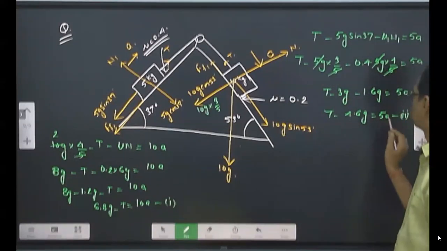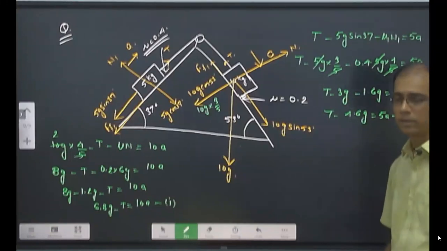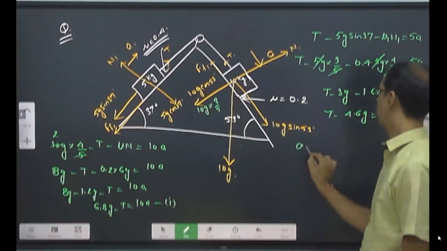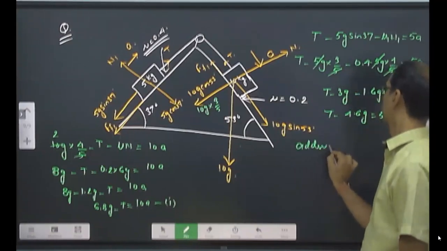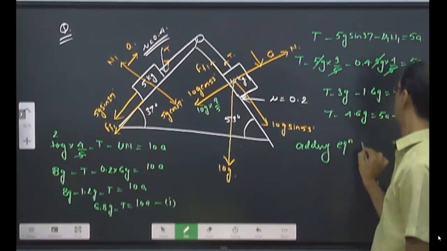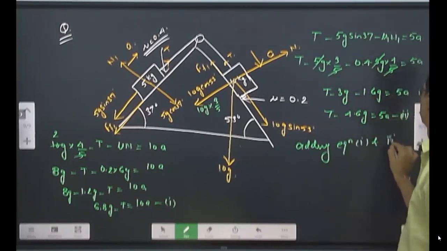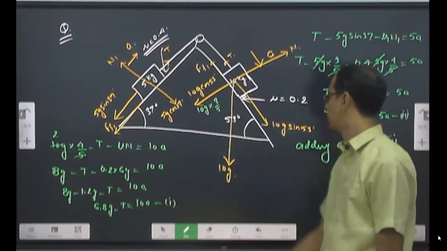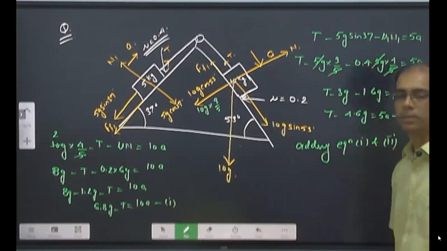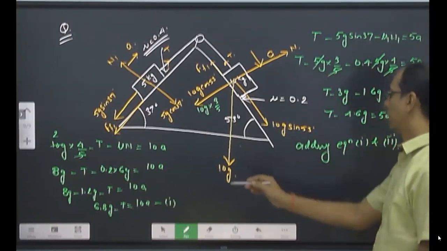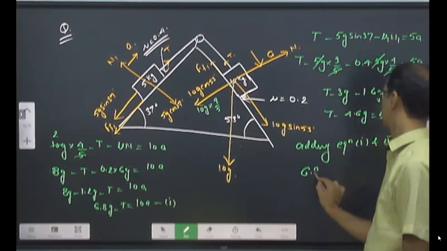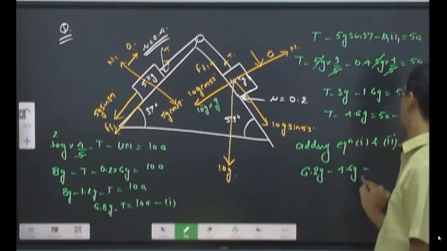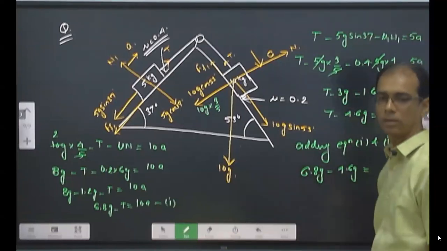Equation number 1 and equation number 2 we are going to solve. What we have to find? Acceleration. So we add both equations. When you add them, you see that minus T is here, plus T is here, that gets cancelled. So what we are getting? 6.8g minus 4.6g equal to 5a plus 10a, that is 15a.